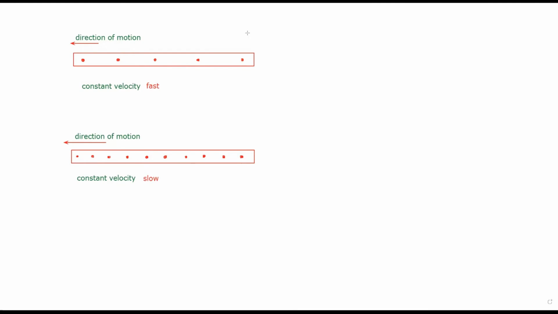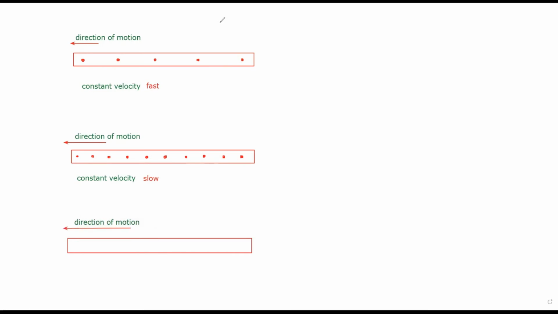All right, we continue to see. How about here? Direction of motion is here. I put it from here, I mean.